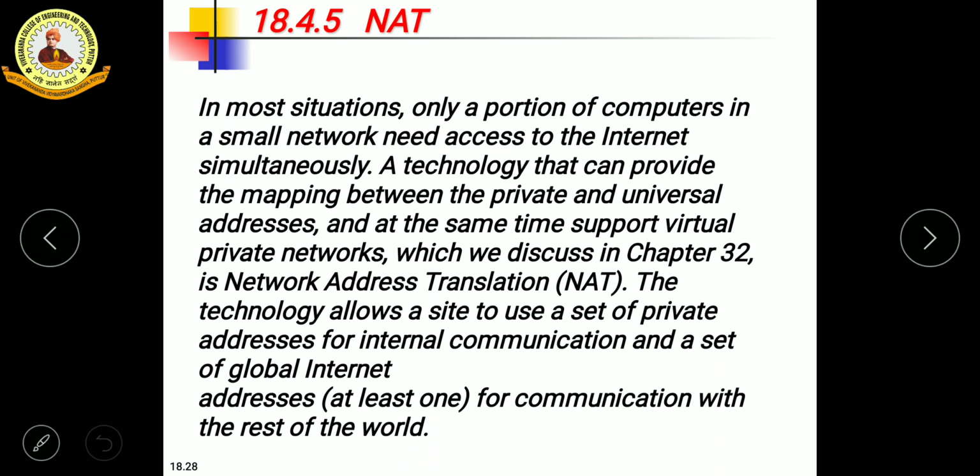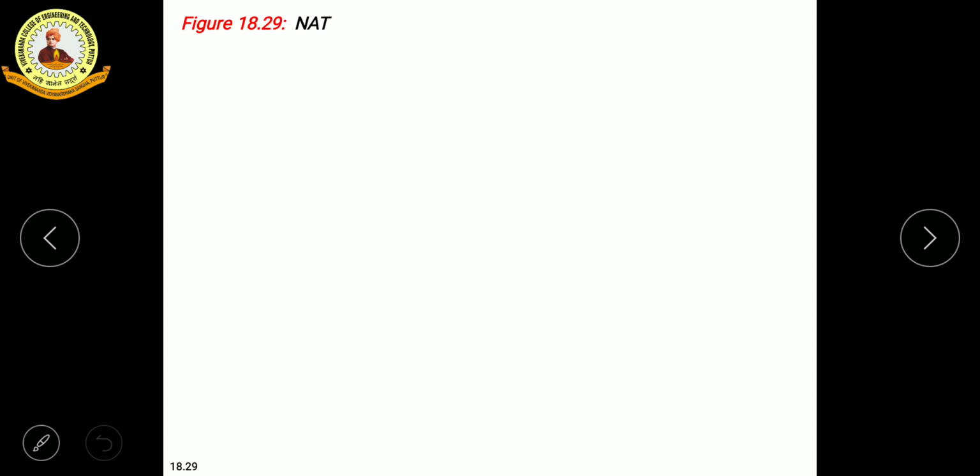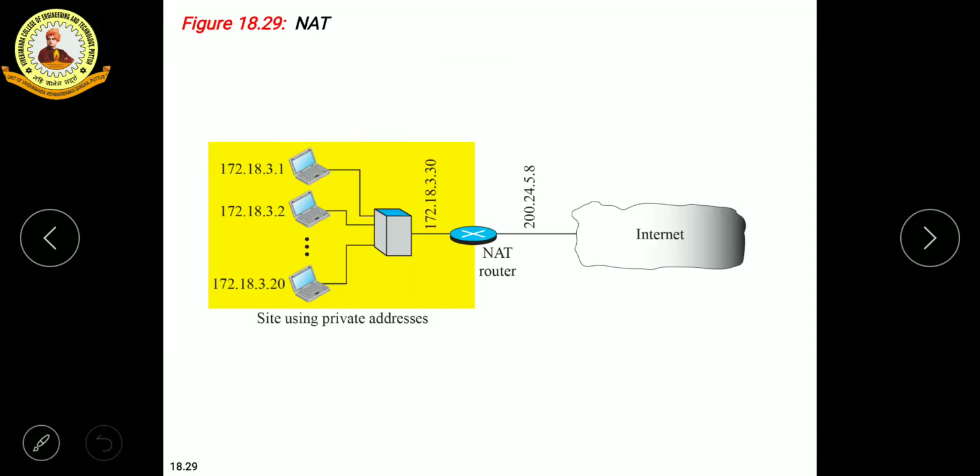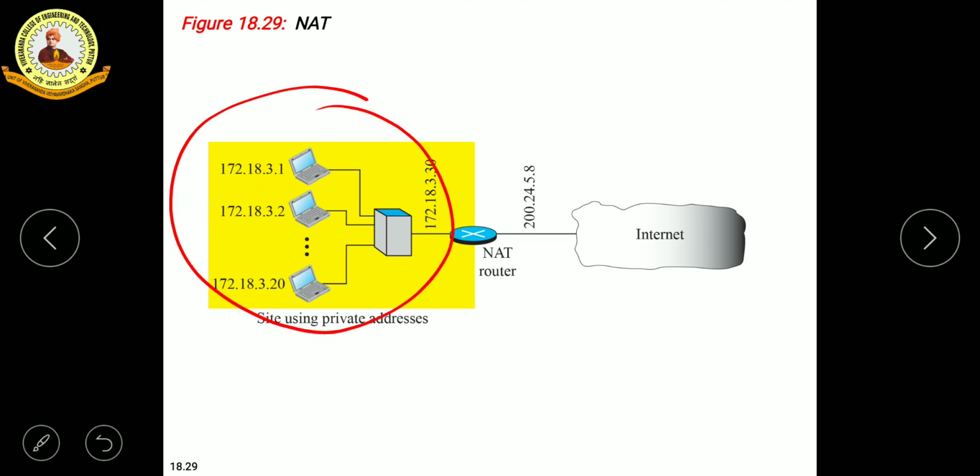In this situation, only a portion of the computers in a small network need access to the internet simultaneously. This means that the number of allocated addresses does not have to match the number of computers in the network. So you can see this scenario. Here the private network uses private addresses.